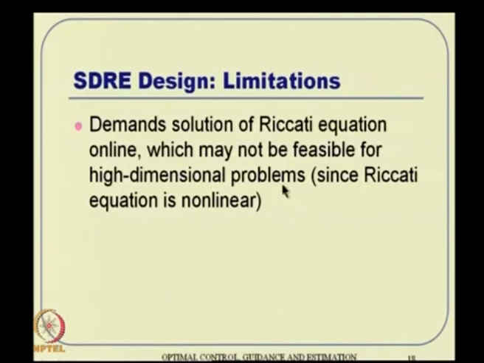How big can the problem be? With 2 states, very much okay; 5 states, very much fine; 10, 20 states, okay; but with 50 states you start worrying, and it all depends on the time constant of the process. But if you have a high dimensional problem, something like 1000 states, 2000 states, 50,000 states, then obviously it is not possible. So for flexible system dynamics, or infinite dimensional systems truncated to, let us say, 1000 states, it is not possible to use the SDRE technique online.